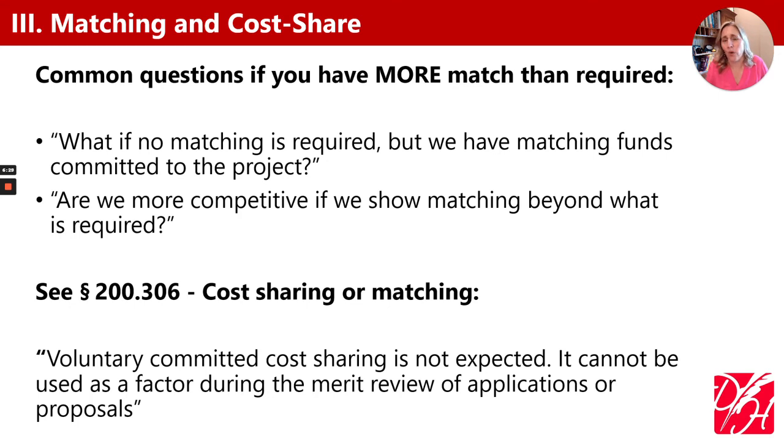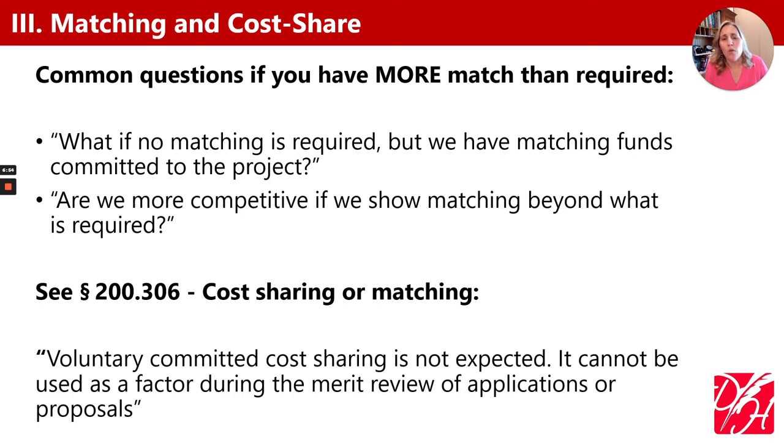Because according to the Code of Federal Regulations, 200.306, voluntary committed cost sharing is not expected and cannot be used as a factor during merit review of applications or proposals. So it won't help your score.